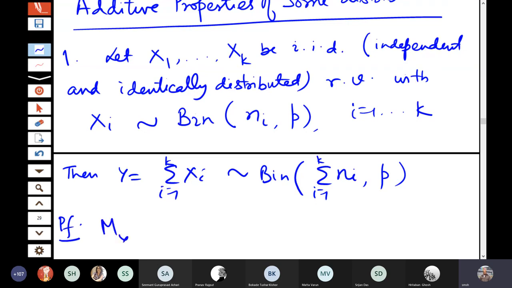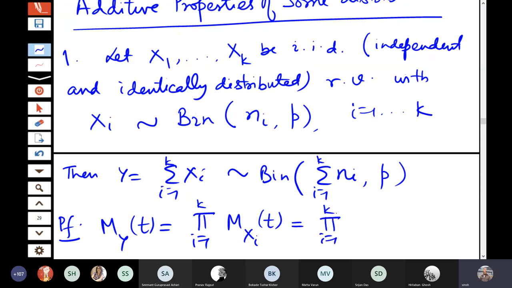See, you consider the moment generating function of the sum, then by this result it is the product of the individual ones, product over i equal to 1 to k of (q plus p e to the power t) to the power ni. Since p and q are the same here, this exponent will get added up.